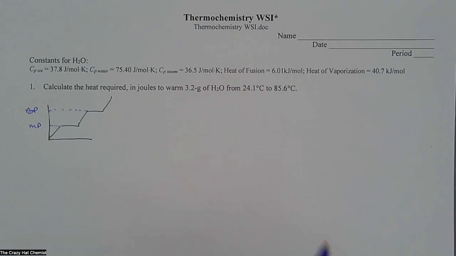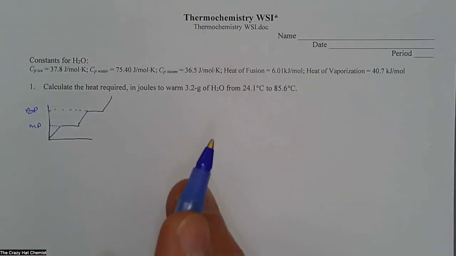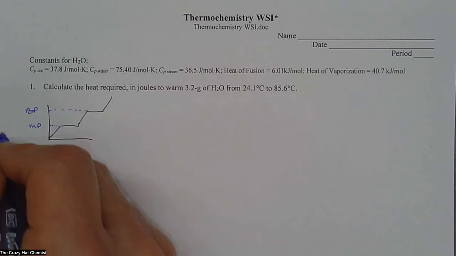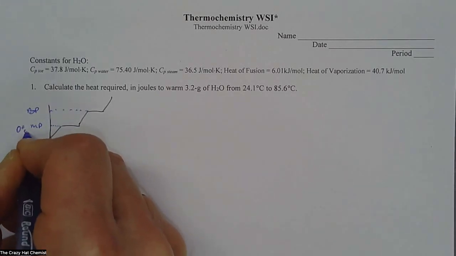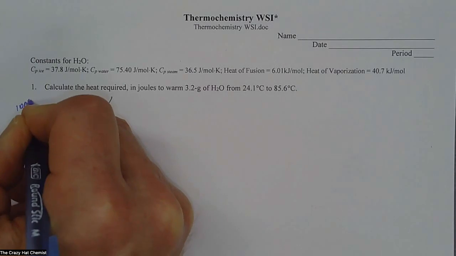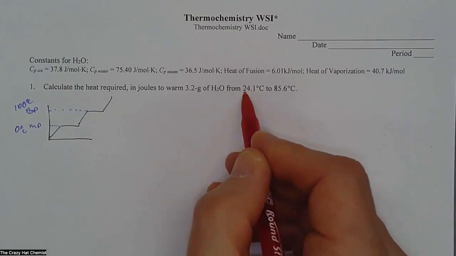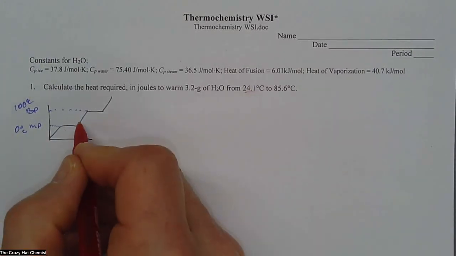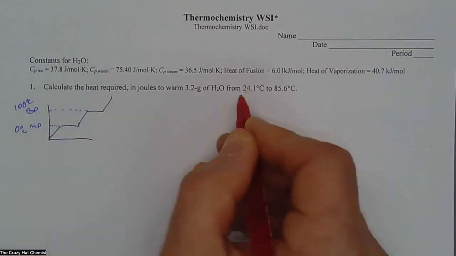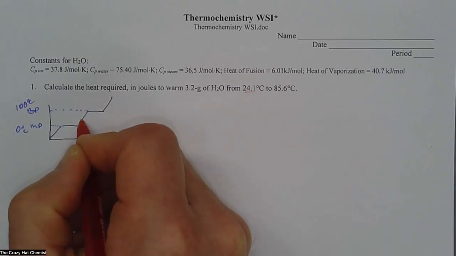Furthermore, since this is water, you should actually know these values. This is 0 degrees Celsius, and this is 100 degrees Celsius for those two. From this, we're going to draw two dots. Those two dots are going to be the low temperature and the high temperature that we're dealing with. The low temperature is going to be above 0. That's 24.1, which is going to be right here.